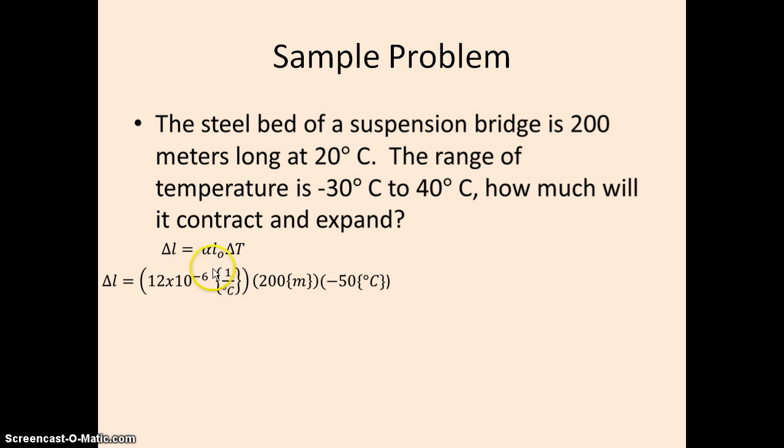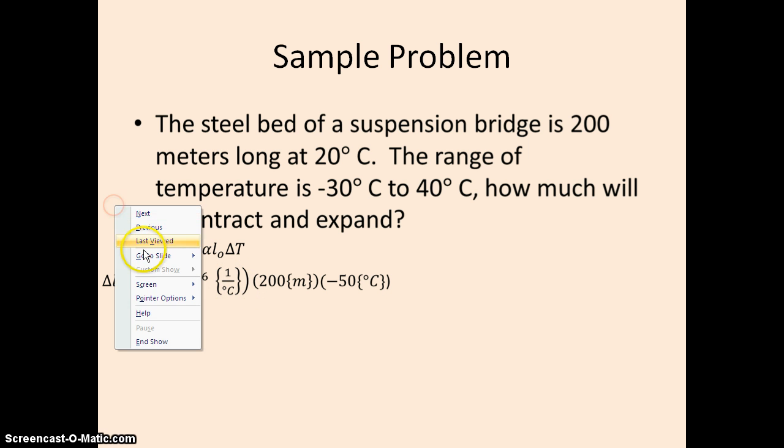The units I put in these funky bracket things just to make it easier to type, but the units are 1 over degrees Celsius, times the length of the bridge, 200 meters, times negative 50 degrees Celsius, because when it's contracting, it goes from 20 to negative 30. So negative 30 minus 20 is a change of negative 50. My fault for misspeaking there. Degrees Celsius on the bottom for the units.